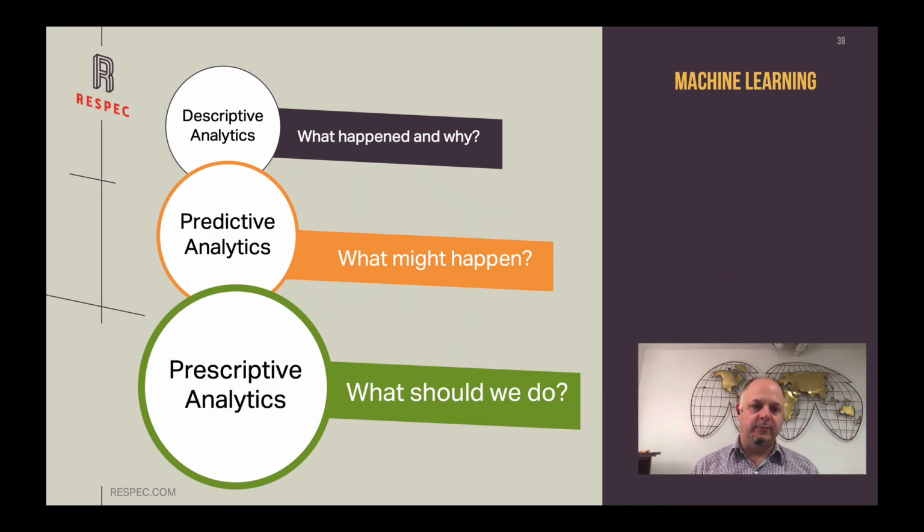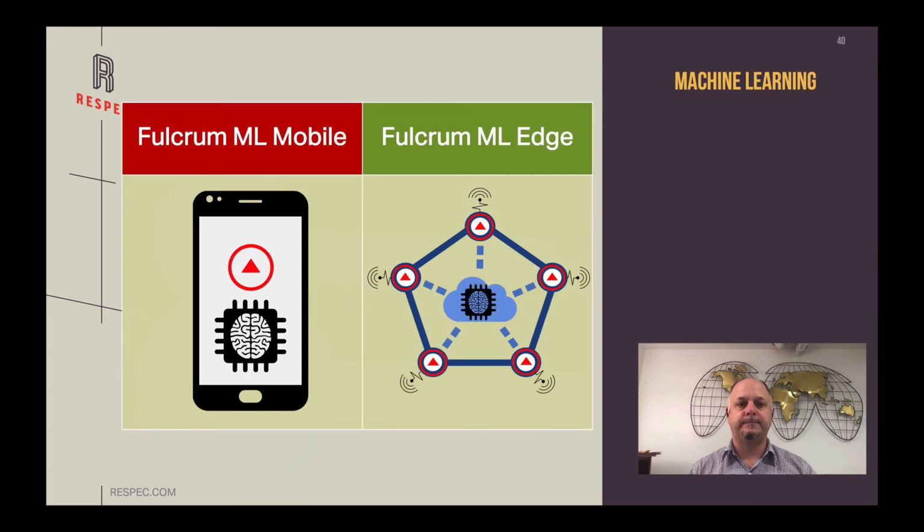And then finally, prescriptive analytics, which is where machine learning really comes into play, is not only predicting what happens, but what we should do about it, and maybe ultimately even taking that action itself. So it's prescribing the right course of action given a machine learning model.